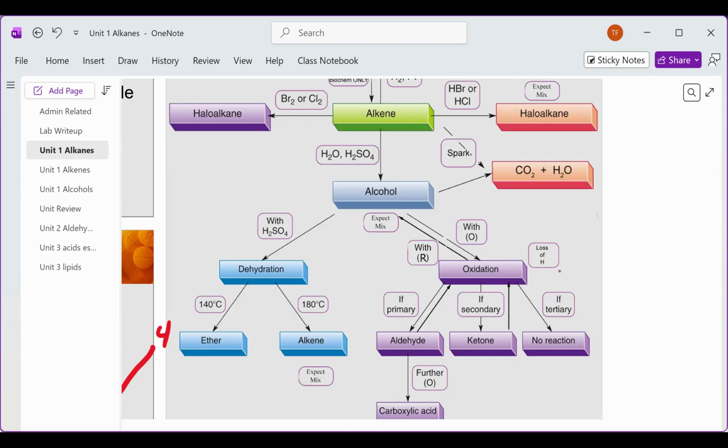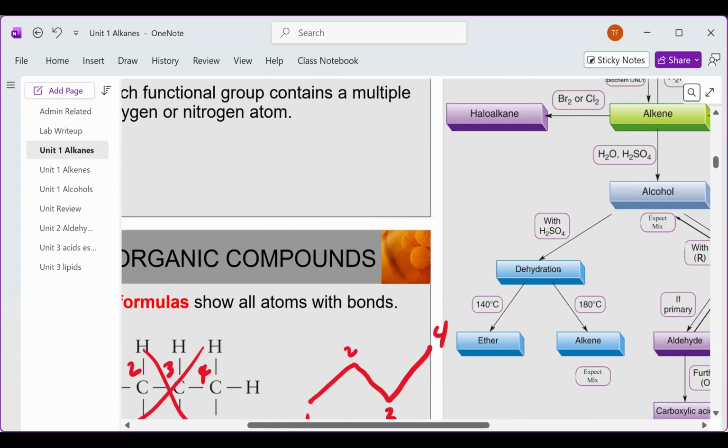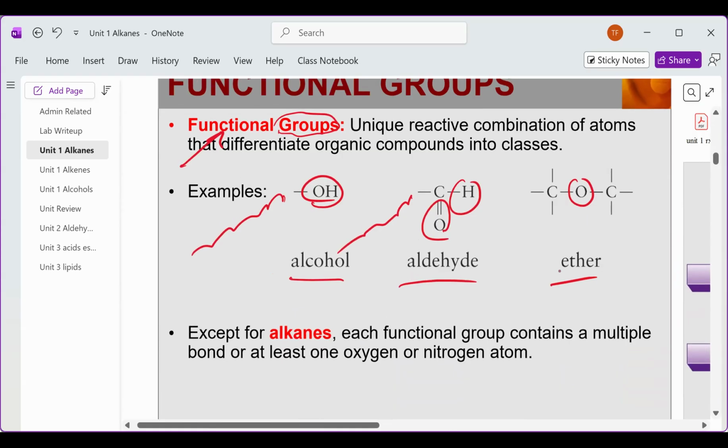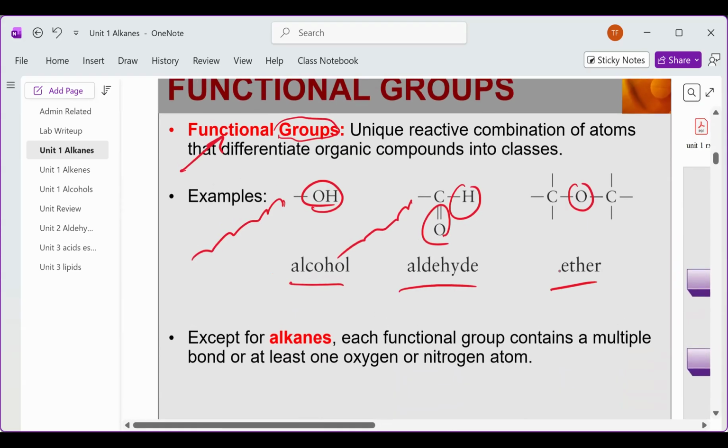So what distinguishes each one of these is the functional group. The functional group determines the reaction type. So alcohols and aldehydes act differently.